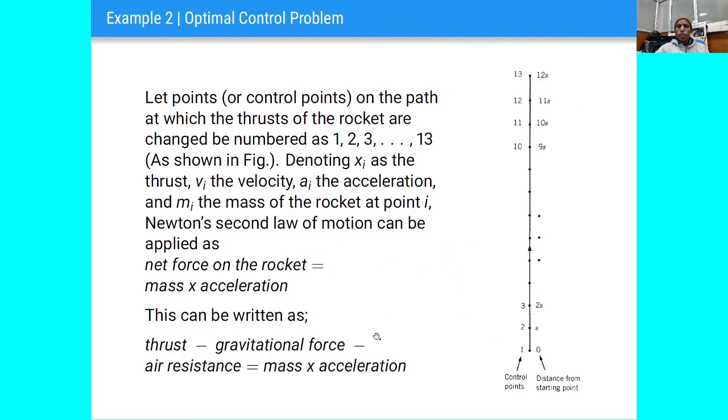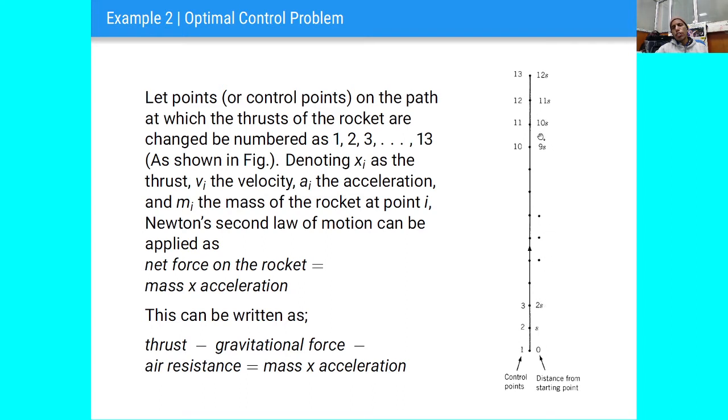Okay, so let us have a look at this figure. Here we can see we have this starting point, where the distance we have kept as 0. Okay, at the end of the first segment or the first stage, the distance is s, then 2s.